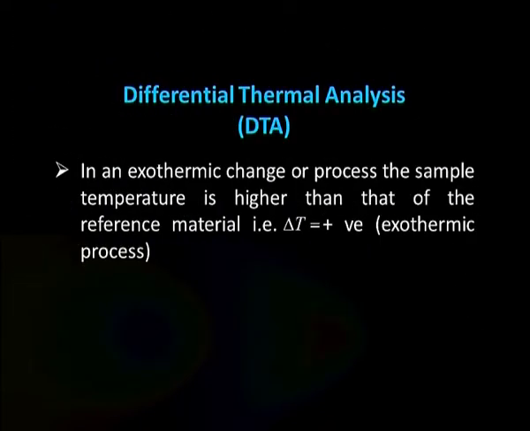In an exothermic process, the sample temperature is higher than that of the reference material, which means delta T will be positive, and we call it an exothermic process.